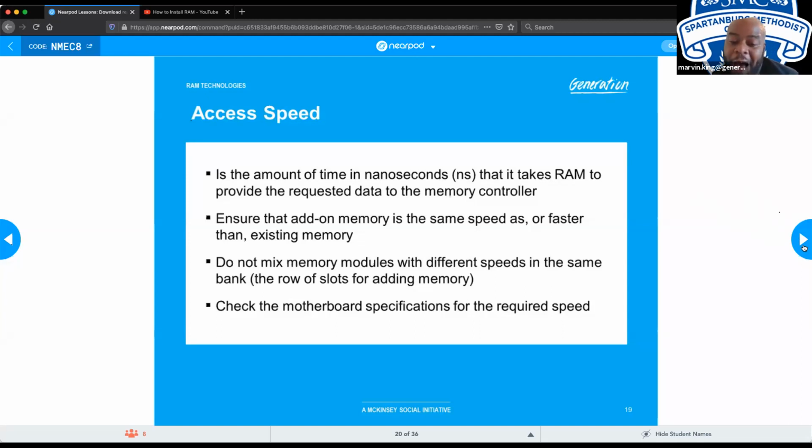If the 3 that you buy that your system can handle was a higher speed, you're still not getting the most out of that. You may have to replace all of them, even the one that you have in there, to get the most out of your system. If the one that came with the system was slower than the other 3 that you bought, you want to make sure that that speed is consistent across the board.